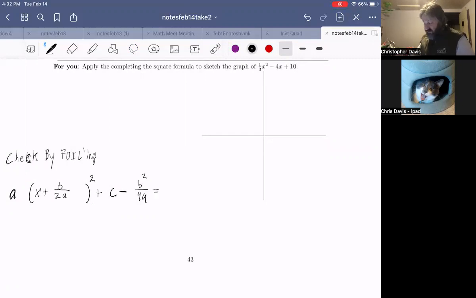Let's see what this becomes. So the a will leave that alone. This bit, you know what? That looks like a square. Let's FOIL it out. A times x squared plus 2xb over 2a. All right, this 2, because when you FOIL it out, there would be two terms that look the same. Plus b over 2a squared plus c minus b squared over 4a.